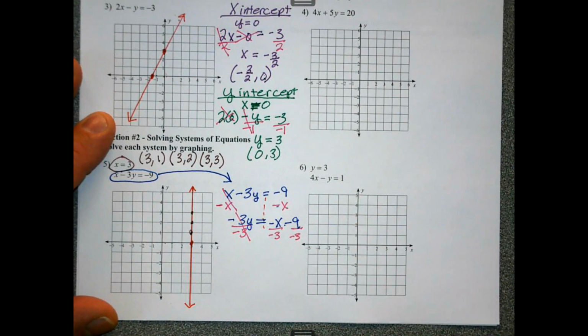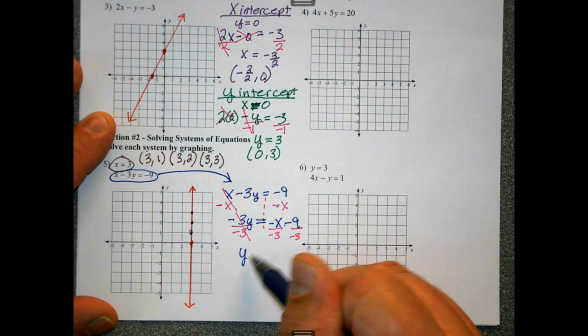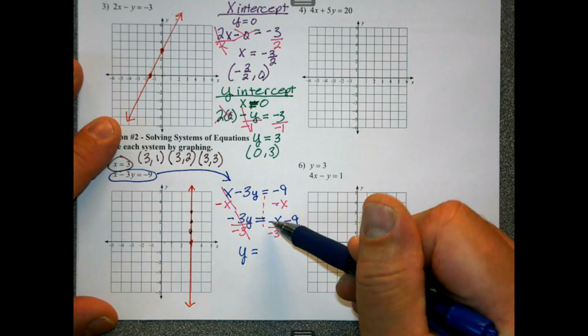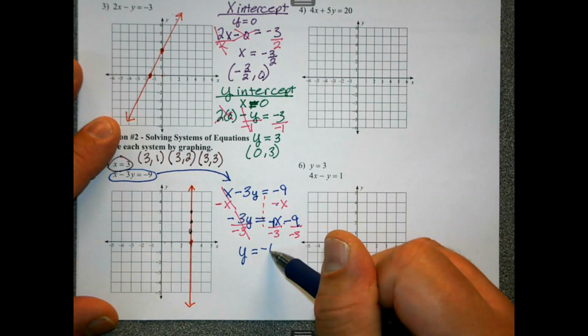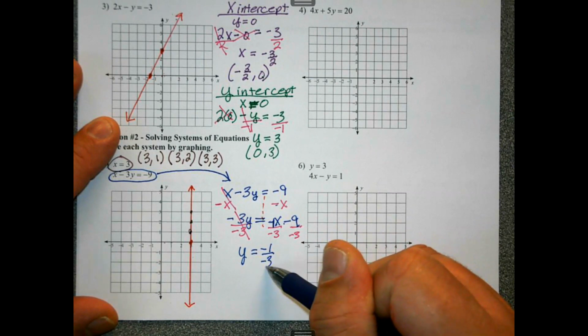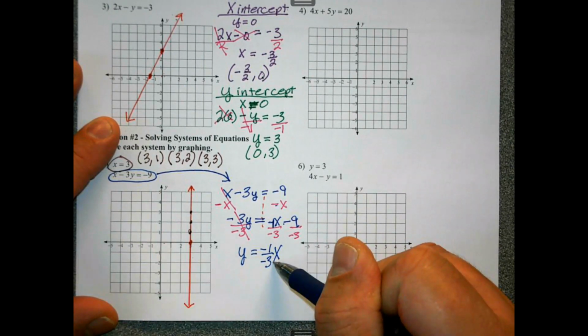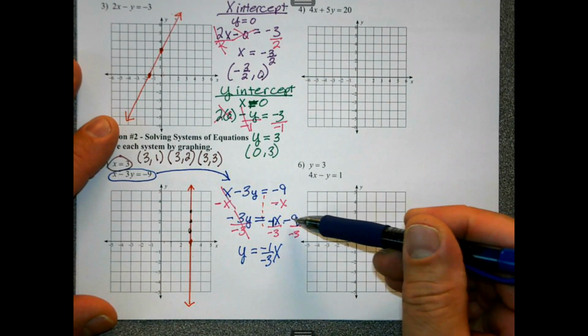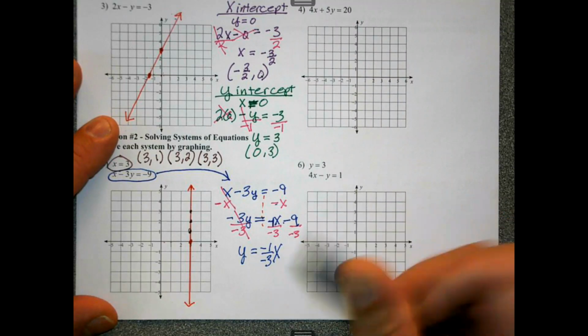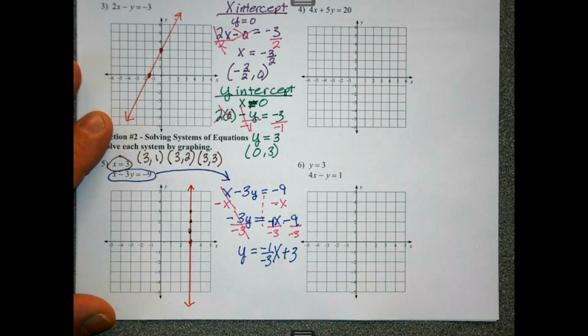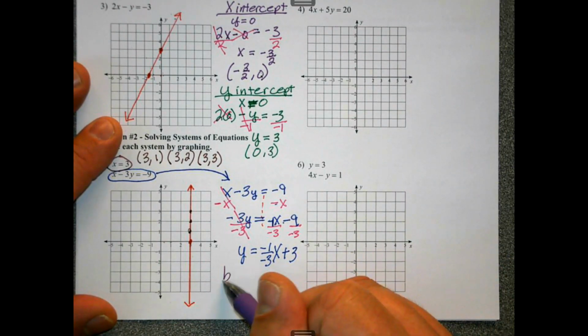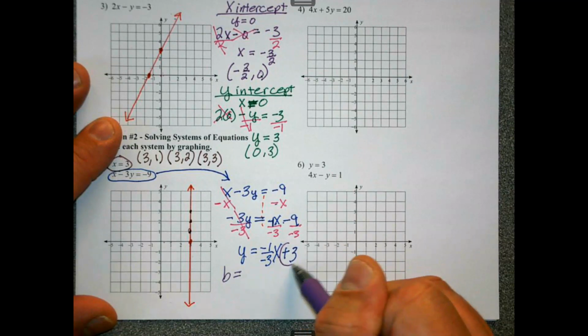So I get y equals, now there's a 1 there, right? So negative 1 over negative 3 is the coefficient of x. Negative 9 divided by negative 3 is going to be a positive 3. My y-intercept is positive 3.